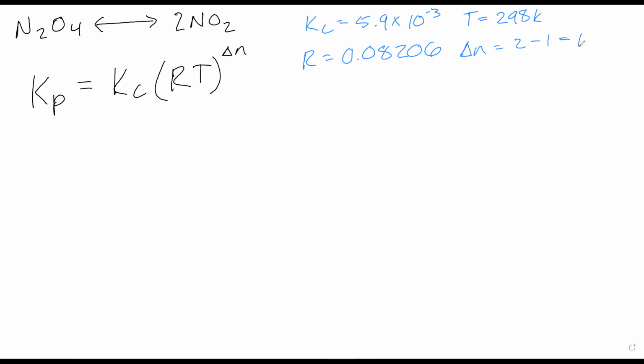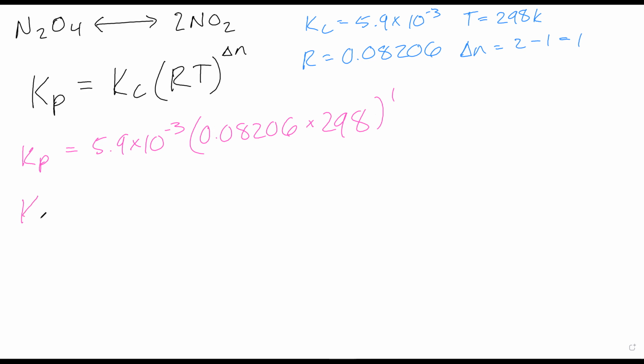The next thing I do is plug in all the numbers, which means that Kp equals 5.9 times 10 to the negative 3 times R, 0.08206, times the temperature, 298, raised to the power of 1.